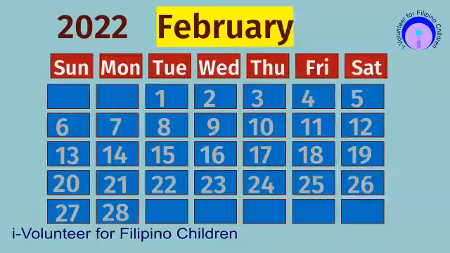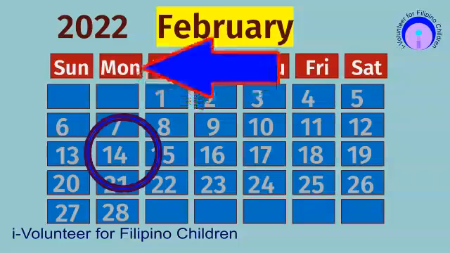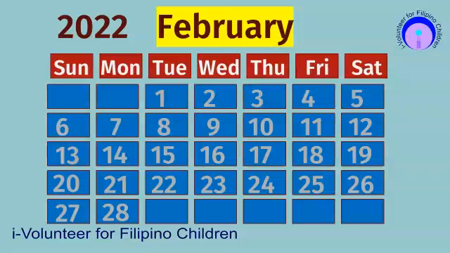This is February. This is the second month of the year. This is the month where we are celebrating Valentine's Day. This is the only month that changes the total number of days depending on the year, if it is leap or an ordinary year.